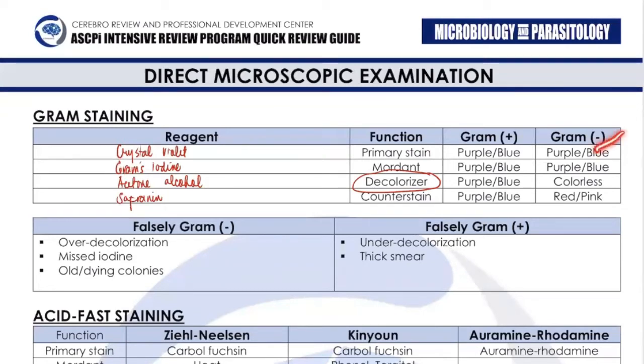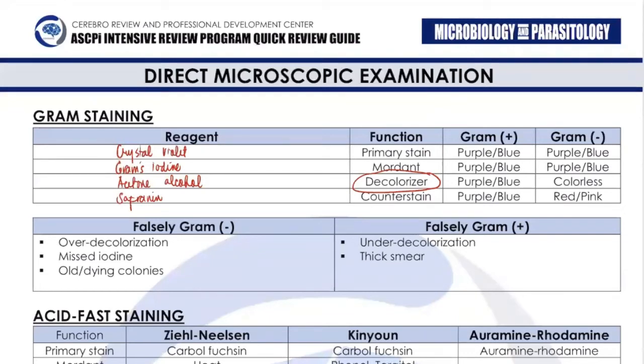From the application of crystal violet and gram's iodine, the appearance of the gram positive and gram negative organisms is the same. The first step wherein we are able to differentiate them is decolorization, because gram positive organisms are not decolorized, whereas gram negative organisms are not able to retain the primary stain.